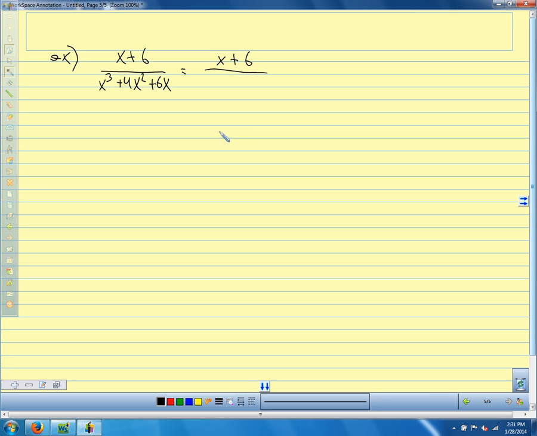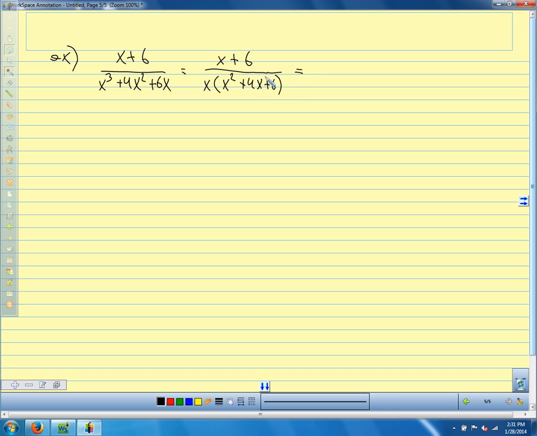How are we going to factor that denominator? What can we do to that denominator? Multiply by, or factor out an x? Can we factor x squared plus 4x plus 6? Does that factor? No. So we have a quadratic factor.